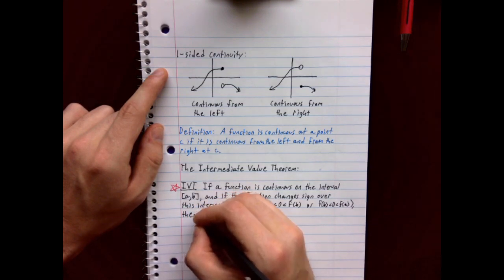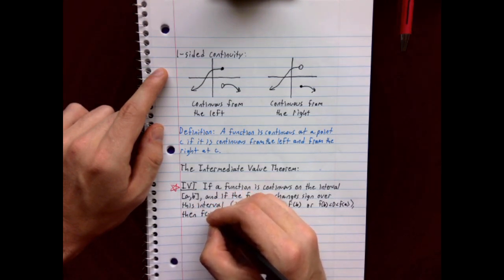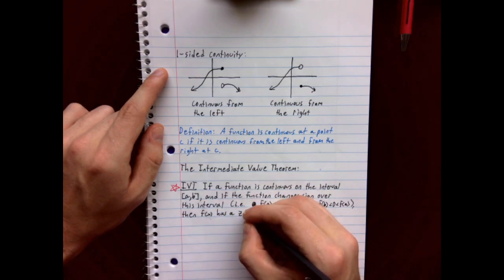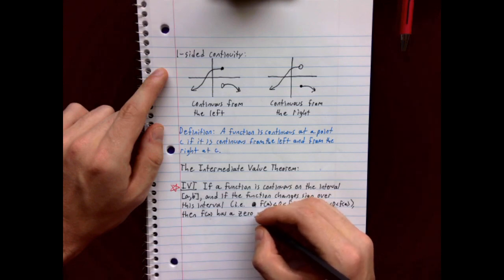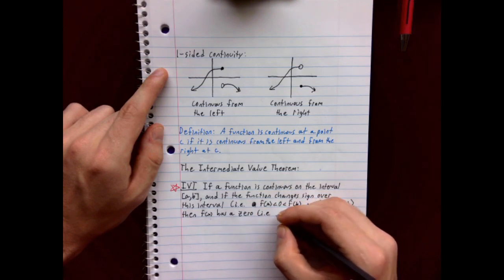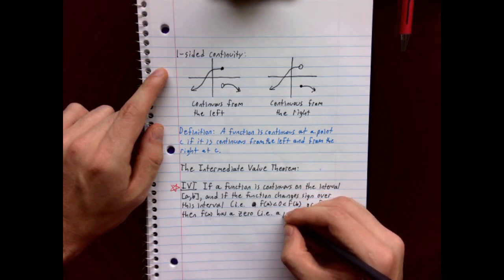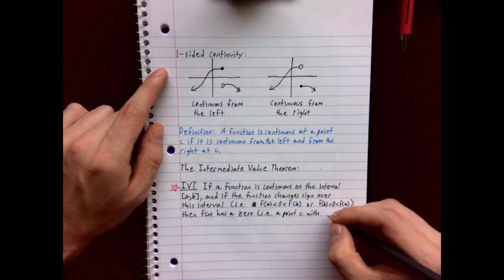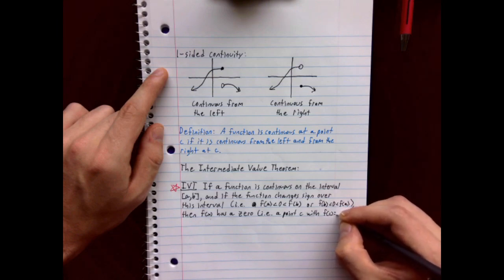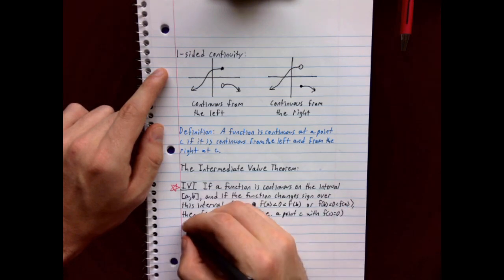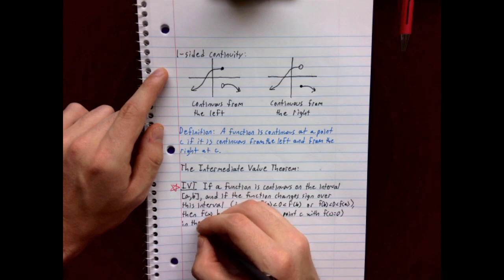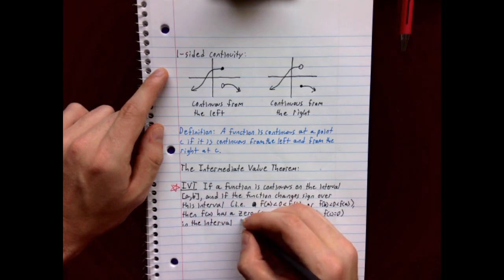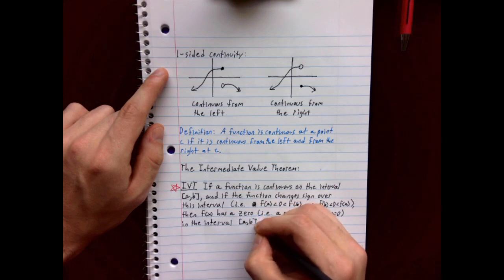Then f of x has a 0, and a 0 of the function is a point c with f of c equal to 0 in the interval a to b.